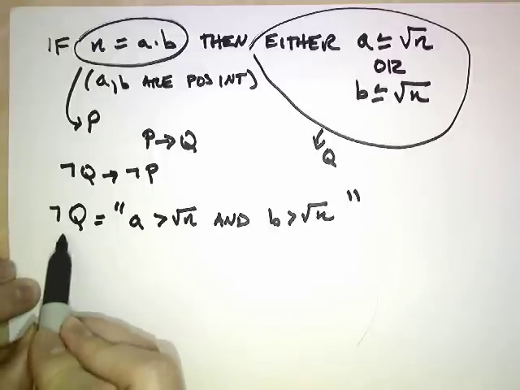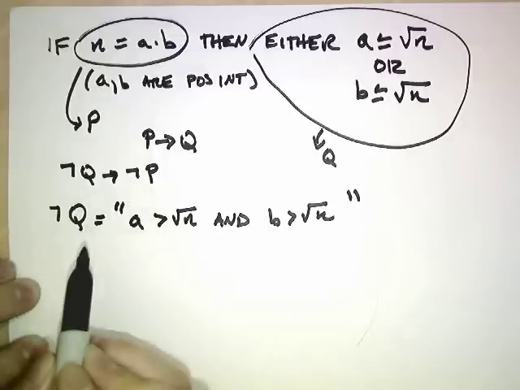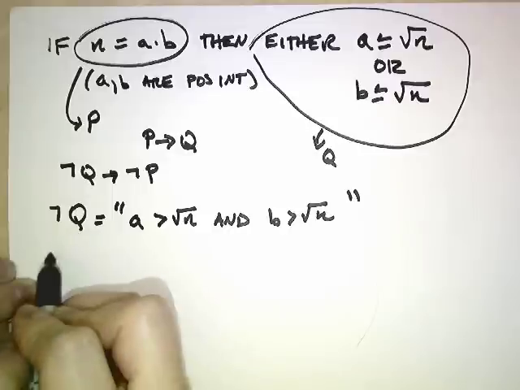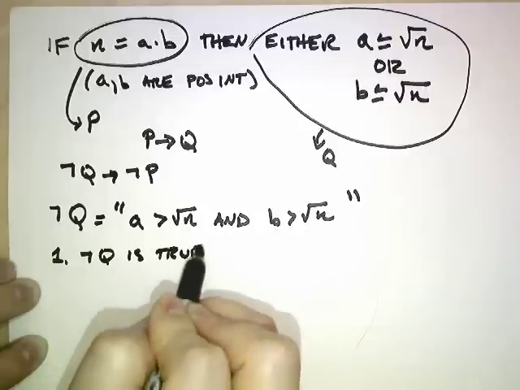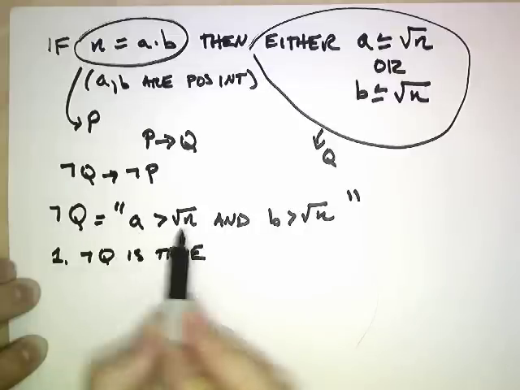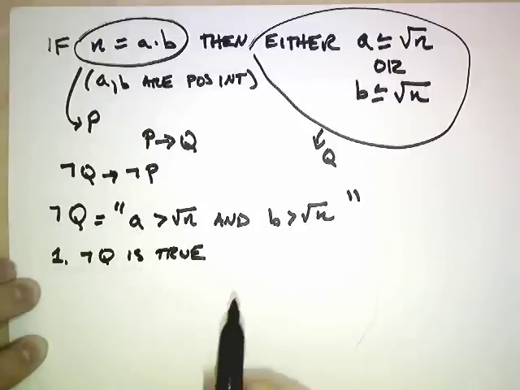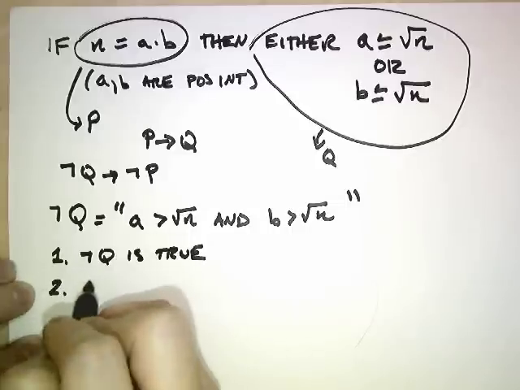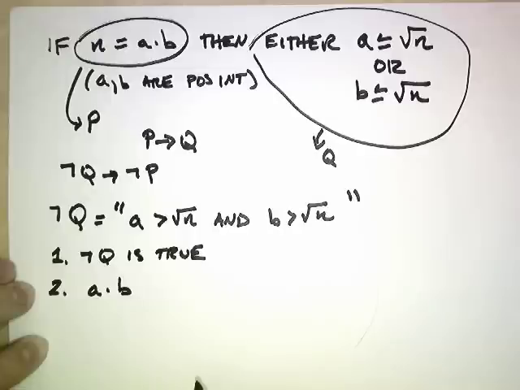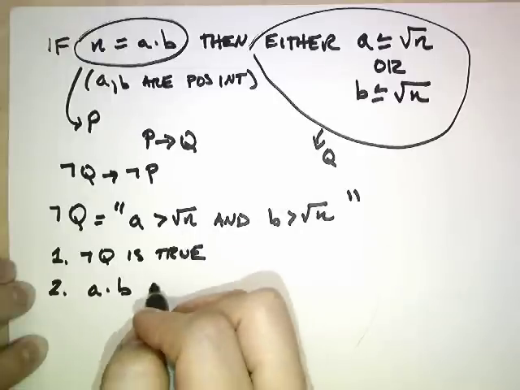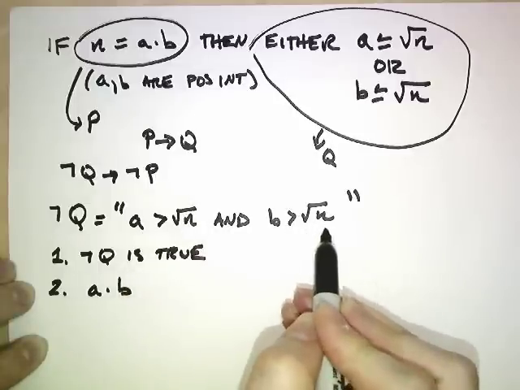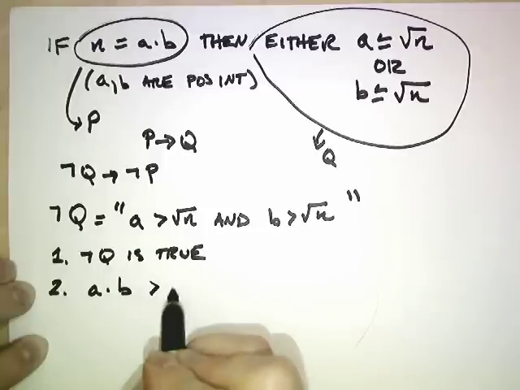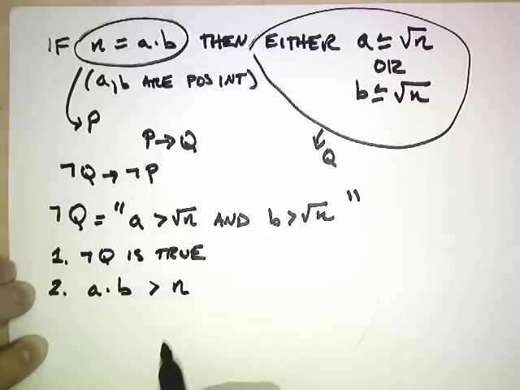Okay, so now we want to show that not Q implies not P. So step one is to assume that not Q is true. So a is greater than the square root of n, and b is greater than the square root of n. Let's multiply a times b together. Well, a and b are both positive integers, so since a is strictly greater than the square root of n, and b is strictly greater than the square root of n, a times b is going to be strictly bigger than n.